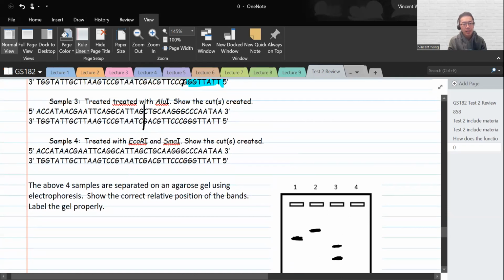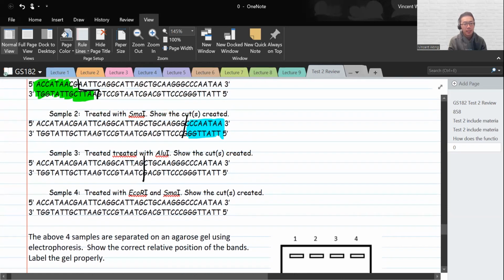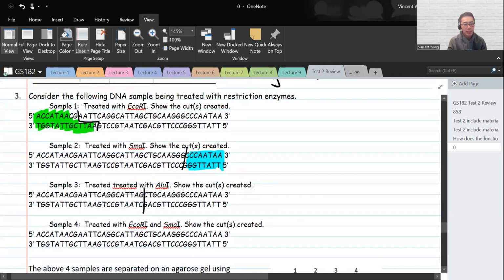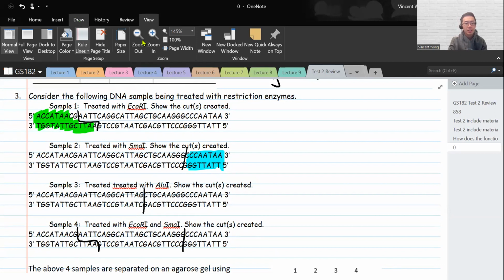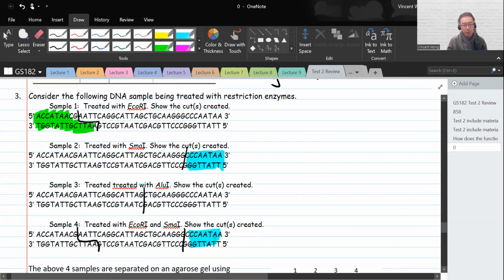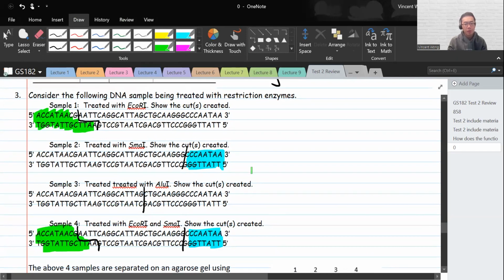And finally, we have treating with EcoR1 and SMA1. So EcoR1 is going to cut right here at the beginning, just like before. It's the same sequence. And then SMA1 is going to cut it right here. So when you do that, I will get the same blue fragment as before, and the same green fragment as before.